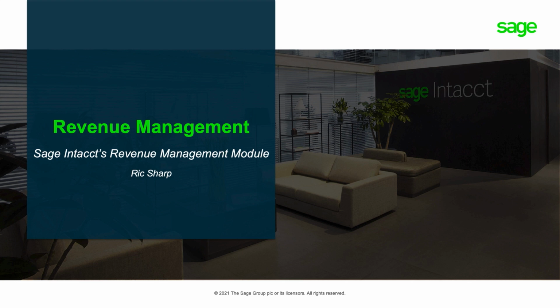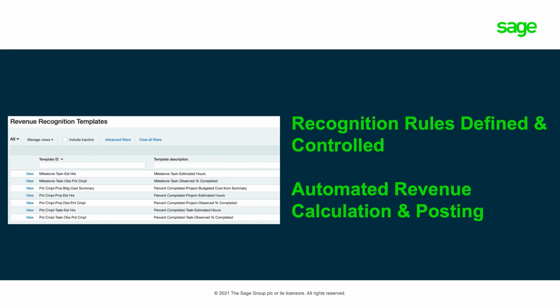And also, revenue calculations can be manual and then have to be posted separately into the system. With Intacct, recognition rules are defined and controlled within the finance system, and revenue calculations are automated, and posting can be automatic as well if required. Let's take a look.